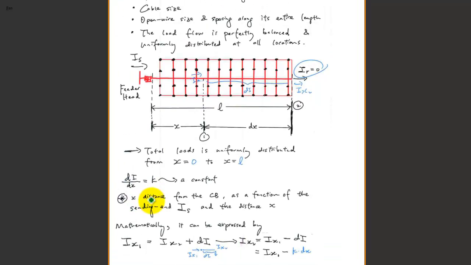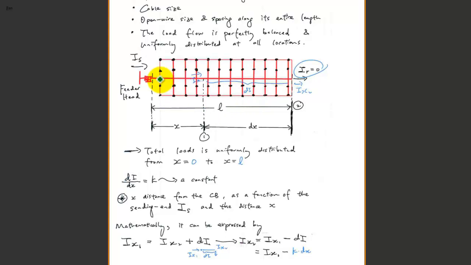So x is the distance from the circuit breaker, which is the feeder end, as a function of the sending end current I and the distance x. We gradually move away from the feeder head until we get to the point of x equal to L, which is the total length.